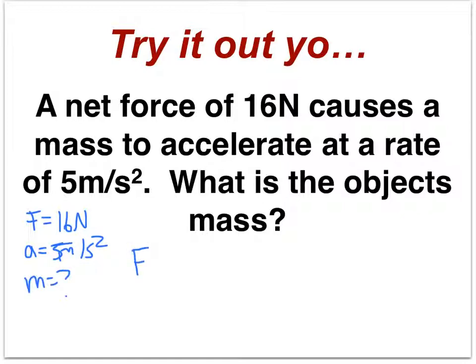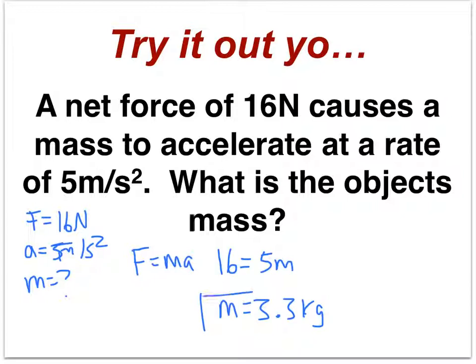So F equals ma. So 16 equals 5m, which means my mass equals 16 divided by 5, which is 3.3 kilograms. So it's a very straightforward, simple formula, but you'll see how we can use it to manipulate multiple different variables coming up.